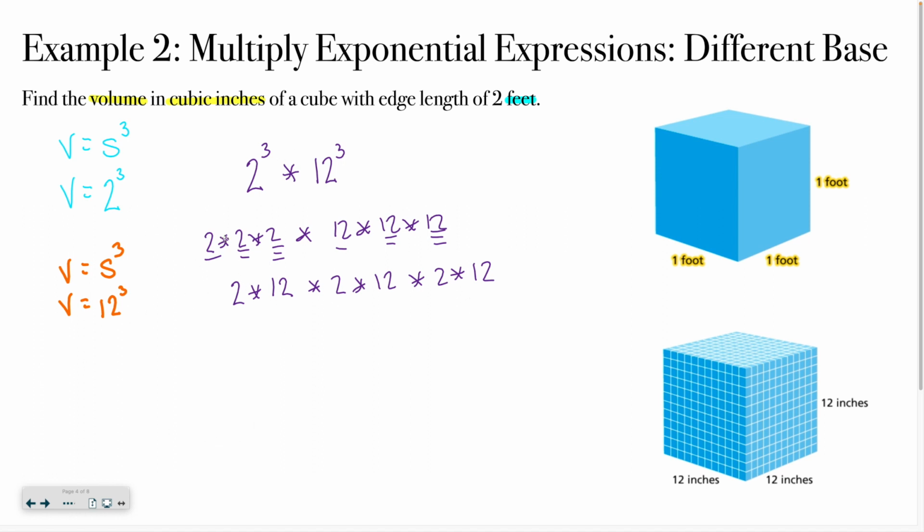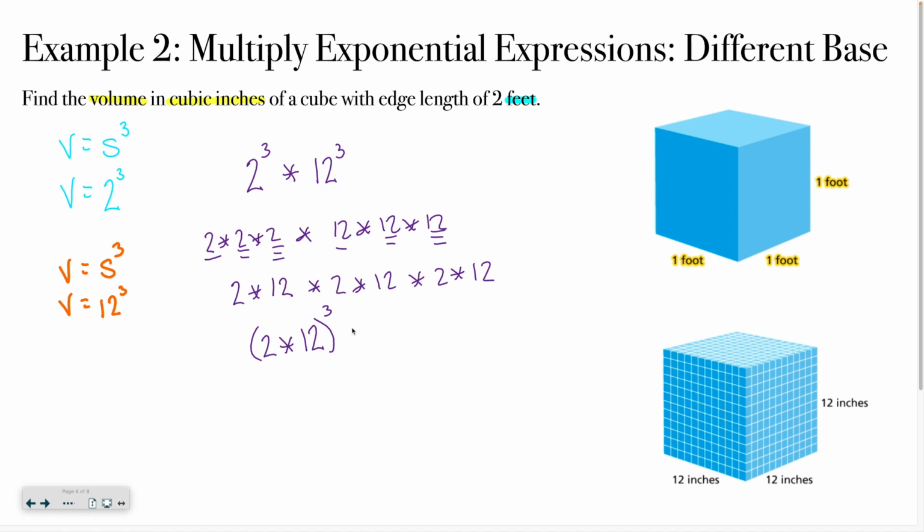So I saw that I have pairs, and the reason that's important is because then what you can do is say I have 3 and then pairs of 2 times 12 essentially, right? That's an even faster way to write this problem.